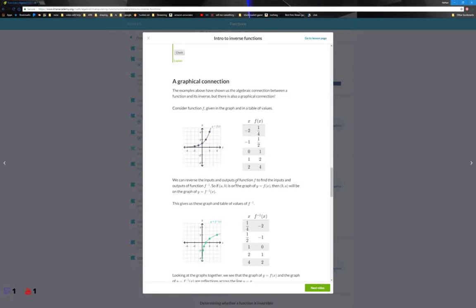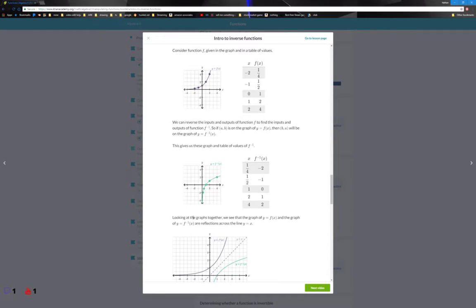So if (a, b) is on the graph of y equals f of x, then (b, a) will be on the graph of y equals f inverse of x. This gives us these graph and table values of f inverse.